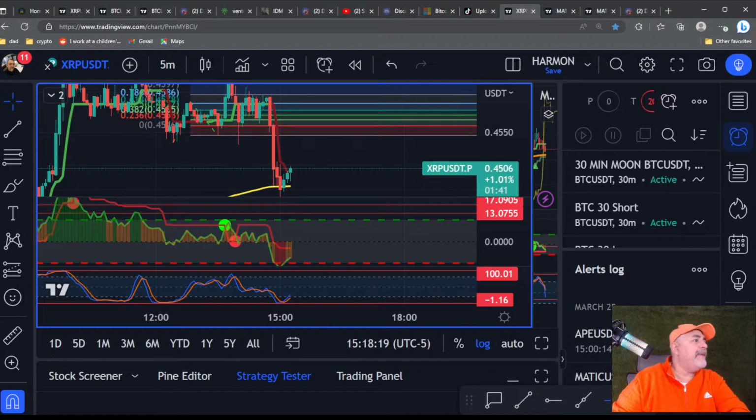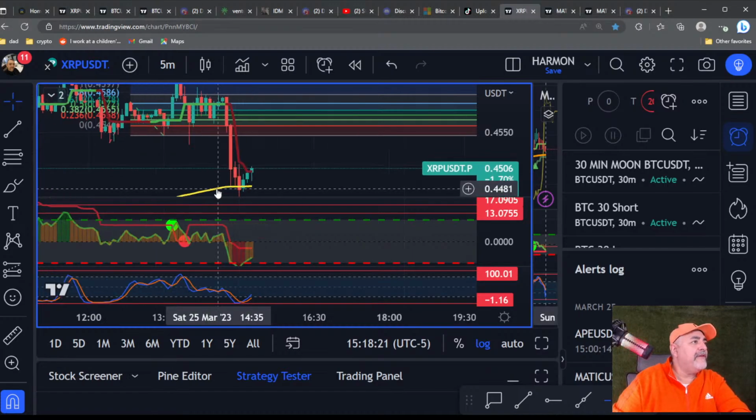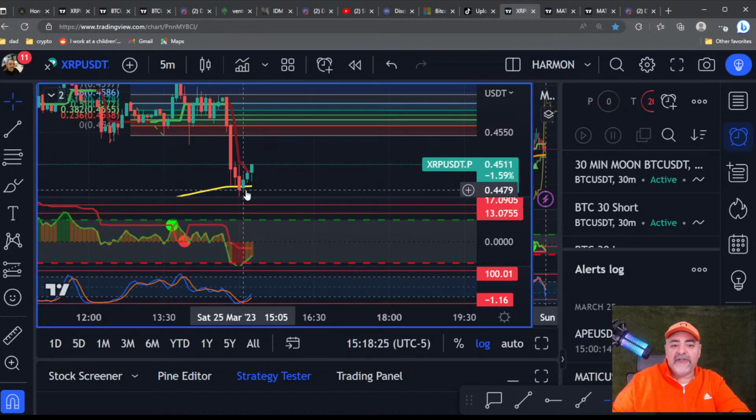So right here, we want to basically take a look here, guys. You can see right here, here's the 5-minute, right? We have this 200 moving average, right? That's probably the good entry there.